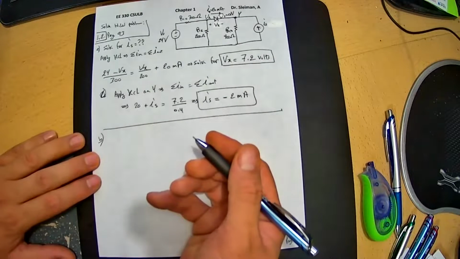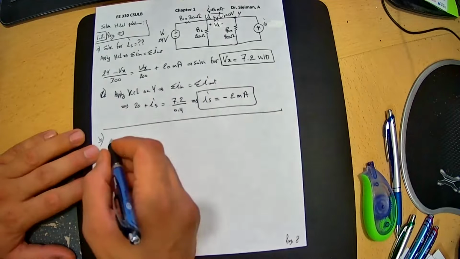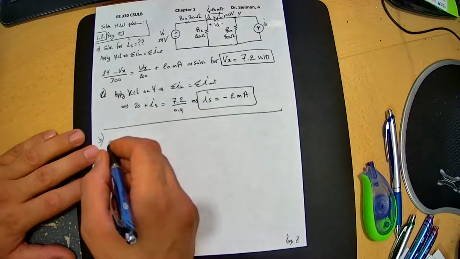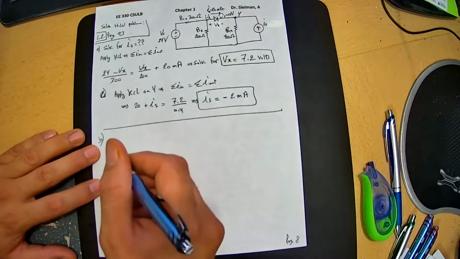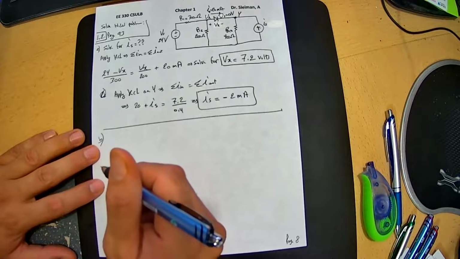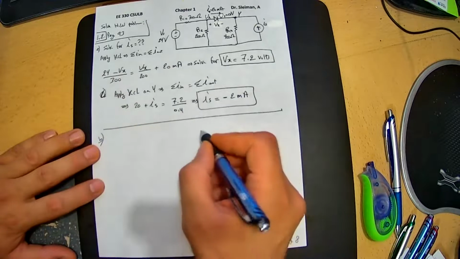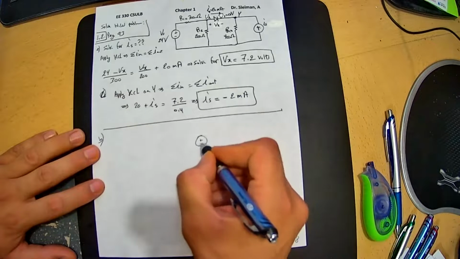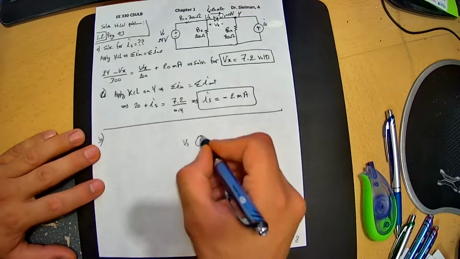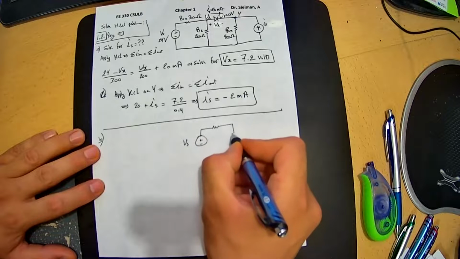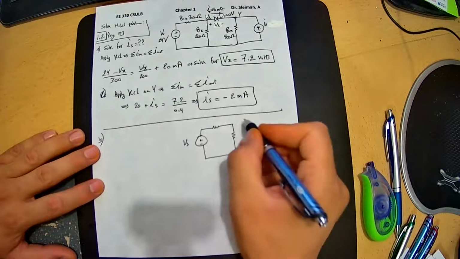So on circuit B, we have a voltage drop across the diode. What does that mean? We have 4 volts reverse bias. So I'm going to draw the new circuit for VS, R1, R2.